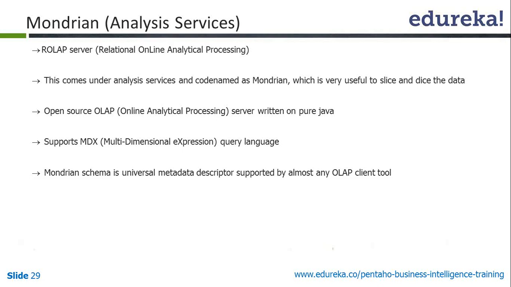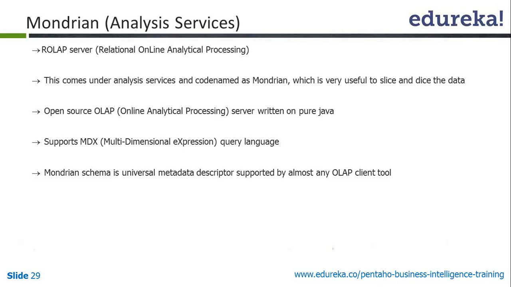So Mondrian analysis is our OLAP server. We talked about this Mondrian. It's basically for your OLAP needs. It's a Java-based thin client, and you can think of it as sitting between the reporting as well as your data warehouse.